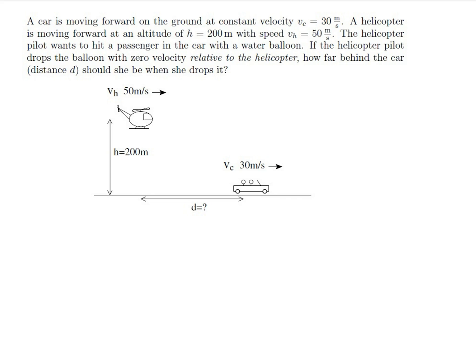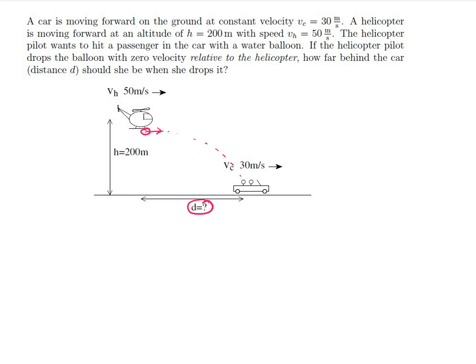And the helicopter wants to drop a water balloon. That water balloon will also be moving with 50 meters per second along with the helicopter. And the helicopter wants to know at what distance behind the car should they be when she drops the balloon in order for it to hit the car.